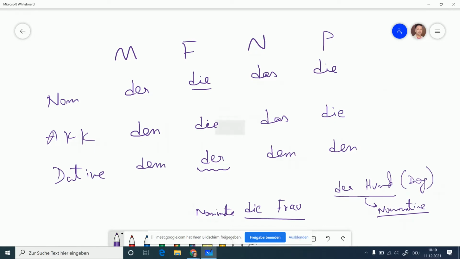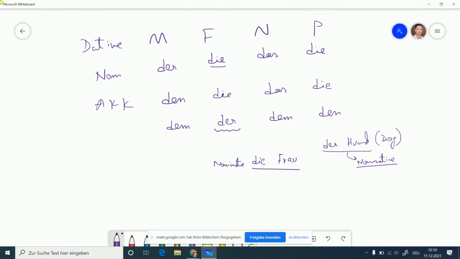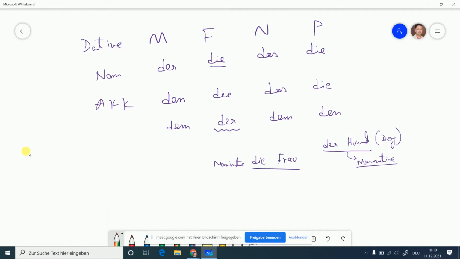So I'll give you one example here. Let's say I give an example: Der Hund gehört, gehört, by the way, G-E-H-O-R-T, means owned by, to be owned by.